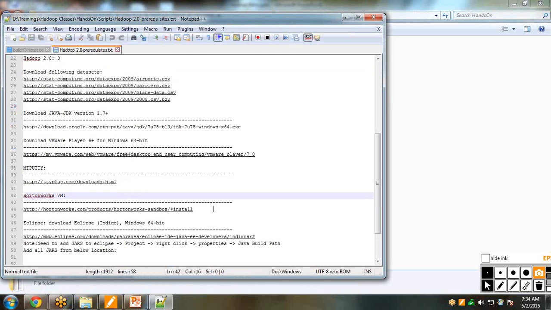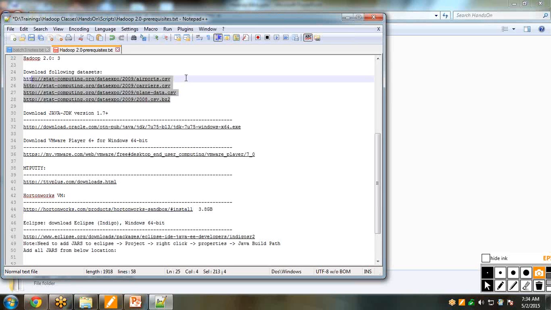If you download this VM, which is around 3.8 GB, you will have every setup, but you need data to play around with. That's where you have to download the data sets.